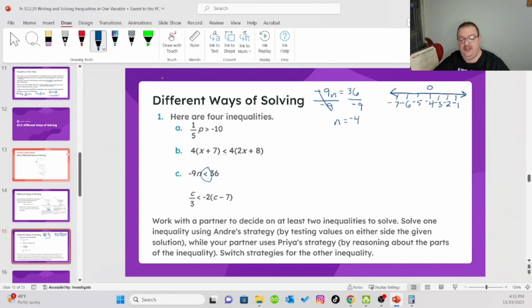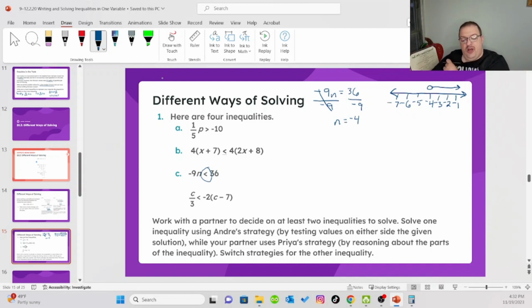And a negative will always be less than positive 36. So if I know that all positive numbers are going to make this true, then I know I would draw my line to the right because that is the direction that I will eventually have positive numbers in.